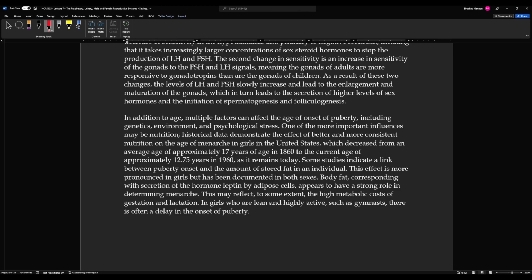Another thing to consider, and it's alluded to here, is that it's not just in females, but in men too. If you are in an energy deficient state, you are at risk for not entering puberty. You're also at risk for not having healthy reproductive systems.